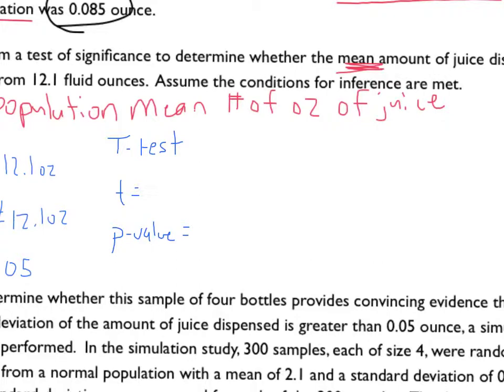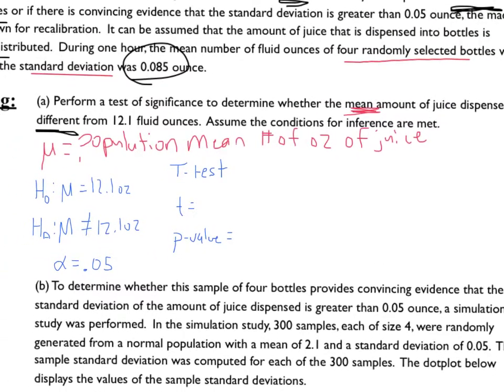It's going to be the second one down on the list, and I apologize for not having it up on the screen. And from there, you're going to type in a few pieces of information. The first thing it's going to want is to know that you are using statistics, not raw data. So you're just going to choose stats, and that will allow you to enter in all of your information.